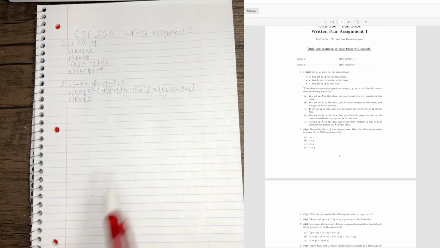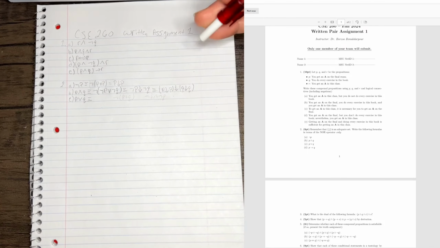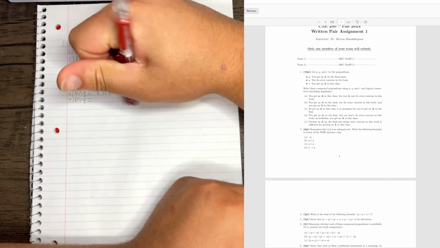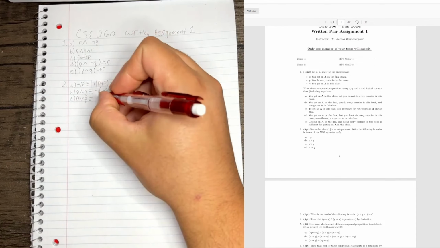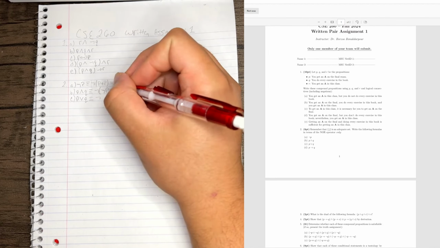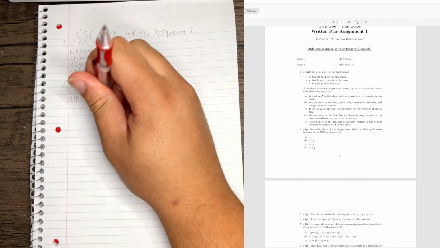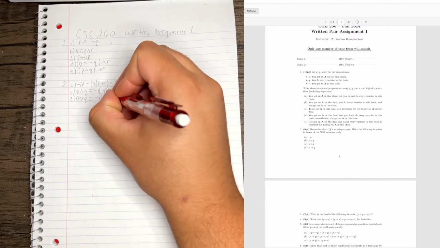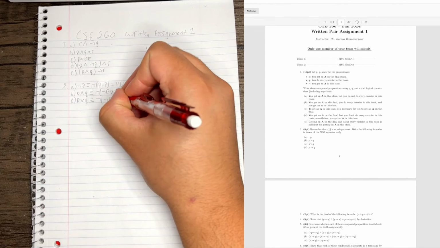Okay, I think I can do that. So first we convert that how we did up there. So we have that equal to not. Oh yeah, we have to make sure we do have that not P and not Q.